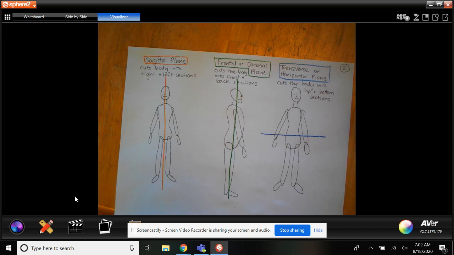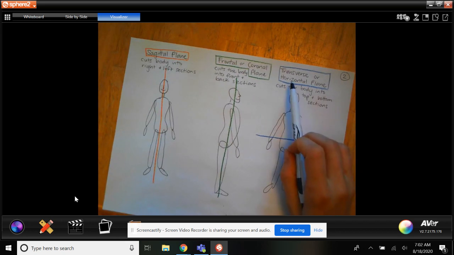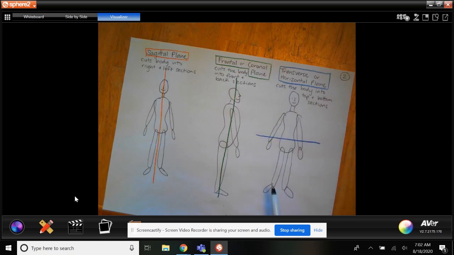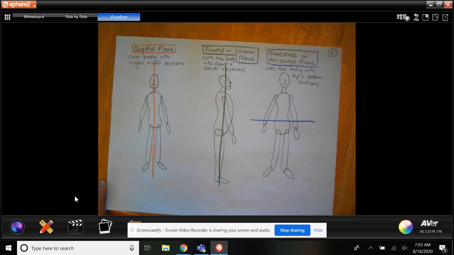That's almost like a headband that goes from ear to ear across the top of their head. And that would put you on a guide to cut a frontal plane. And then the transverse, trans, that root means across, and horizontal in math means across like that as well. So those are some good clues right there in the words. So those are our 3 planes, anatomical planes, or ways to cut a body.